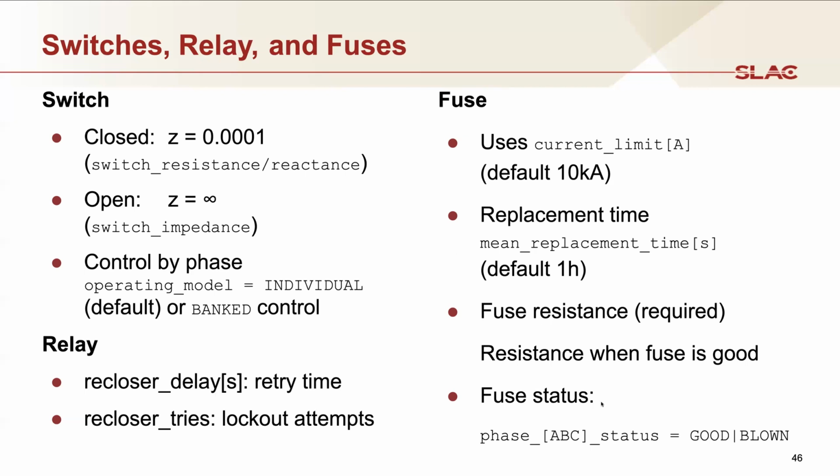And then the fuse status is given by phase. So you can define a three-phase fuse, but it will actually model the individual fuses on each phase separately. And so when a fuse is blown, you'll see its status change on the line, on the phase on which it saw the overcurrent.